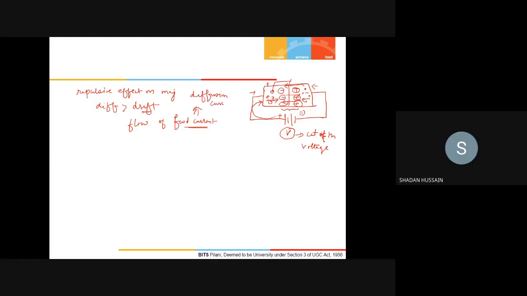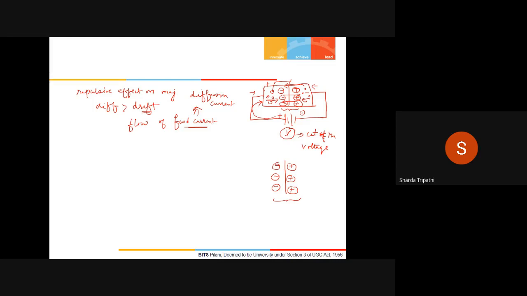Ma'am, what happens in the depletion region? Is it devoid of any charge inside the depletion region? Yeah, so the depletion region was created because, so I'll just create this depletion region. We saw that the depletion region was earlier created because there were no free charge carriers in this region, right?